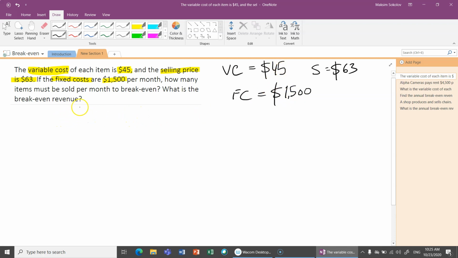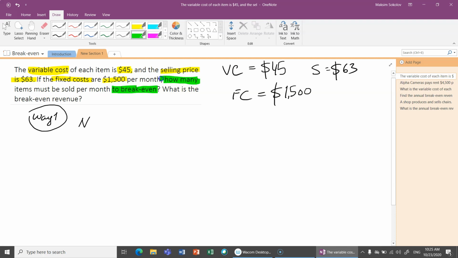Well, there are two ways to solve this problem. And it's important to understand those two ways. So the first way to solve this problem is to say that break-even number n, and we do need to find break-even number here, right? So how many items must be sold to break even?